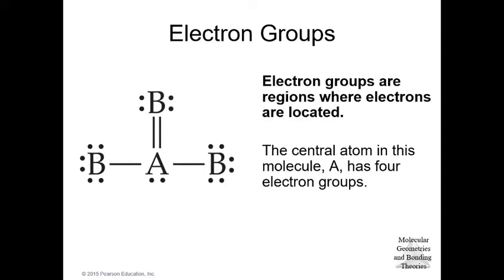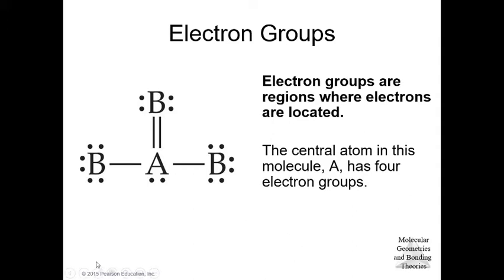So to be able to do shapes with VSEPR theory, we need to be able to count electron groups, also known as VSEPR groups. Electron groups are regions where we find electrons in our molecule. Now, the potentially confusing part is that a double bond counts as one electron group, because it's one location where you find electrons. So in my hypothetical molecule here, my central atom, A, has 4 electron groups.